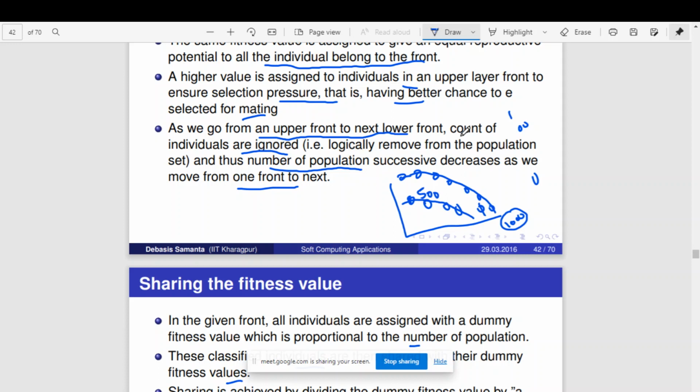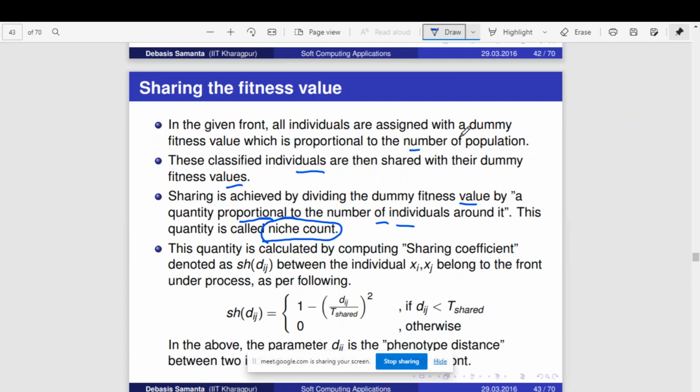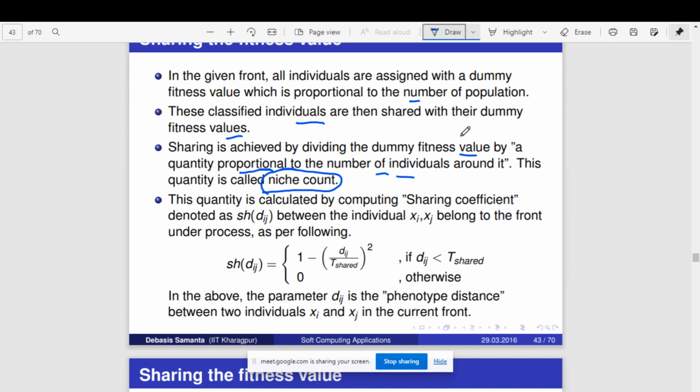Then for each front, the individuals falling in that front will be assigned a common fitness score, that is called the dummy fitness value. So that is the first step.